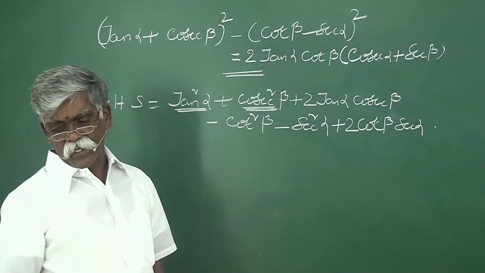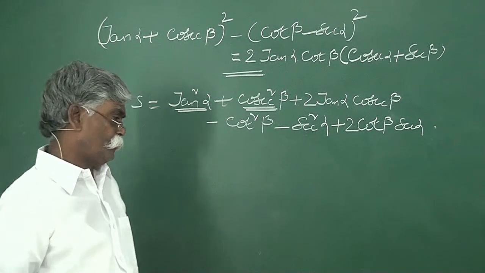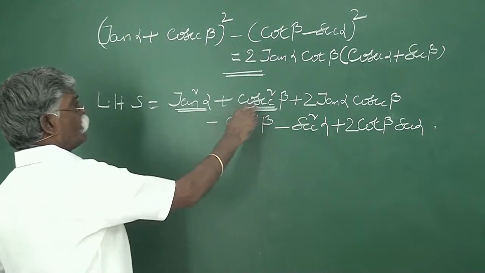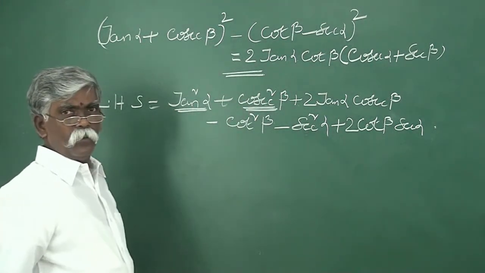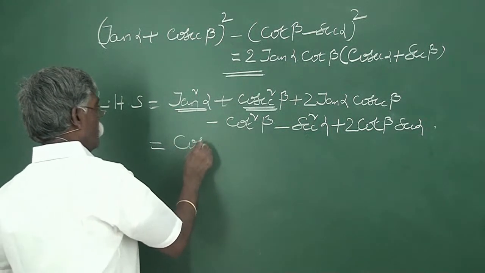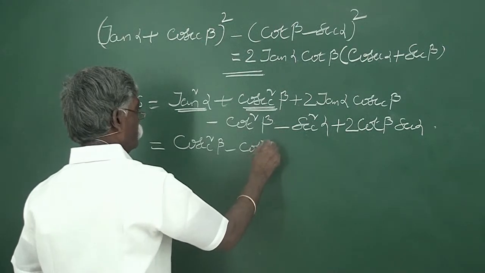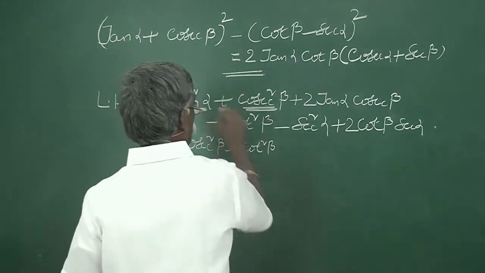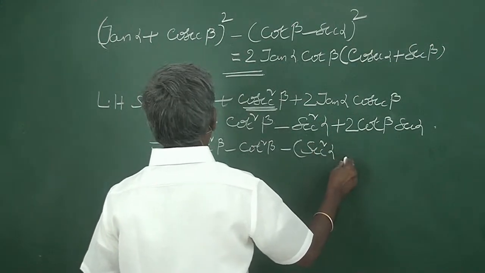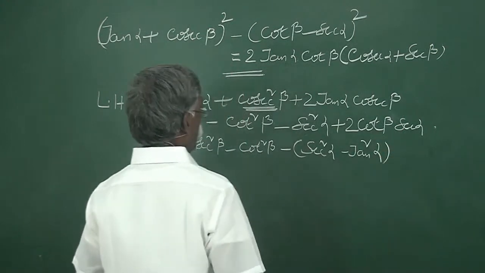Therefore, secant square alpha minus tan square alpha, it is also 1. Therefore, they both get cancelled. Otherwise, you have to convert these two into secant and this one. So, let us go for cosecant square beta minus cot square beta. Here in these two, we will take minus. This is secant square alpha minus tan square alpha.